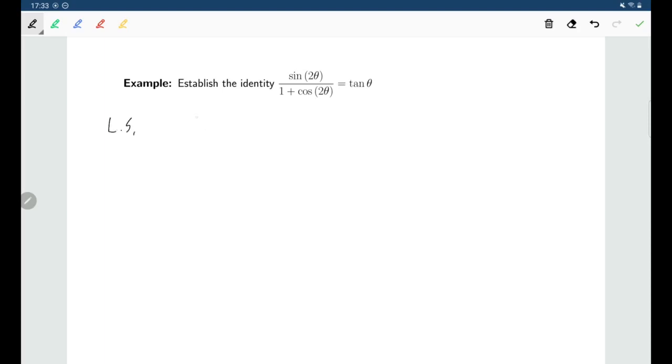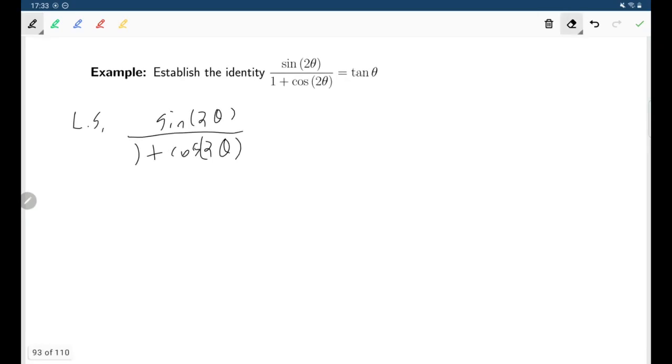So I will start with the left side here: sine 2 theta over 1 plus cos 2 theta. And for the numerator, at least, I know what I'm going to do there. For the numerator, sine 2 theta, we only had one version for that formula. That was just 2 sine theta cos theta. So that's what I'll put in for my numerator.